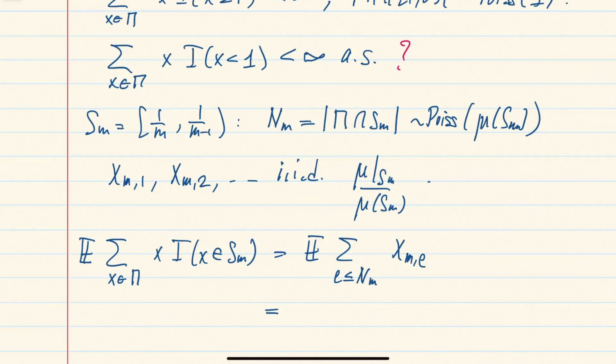And for this type of expectation, we have Wald's identity. When we sum up IID variables up to some random number, you can write the expectation of the sum by Wald's identity as the expectation of the number, which in this case is Poisson, so it's just the measure mu of the set Sm, times the expectation, which is the integral of x with respect to the distribution, which is just the measure mu restricted to the set Sm scaled by mu of Sm.